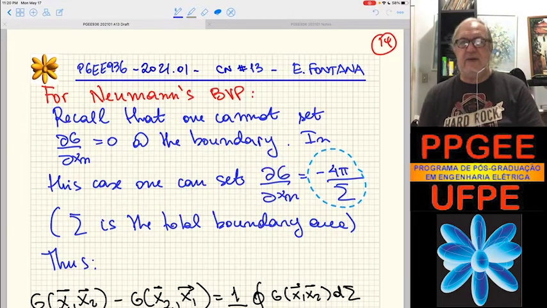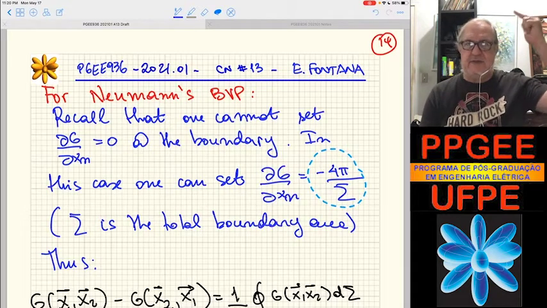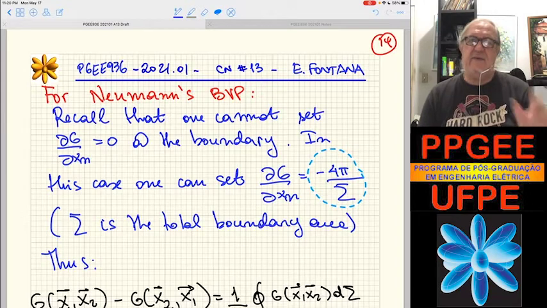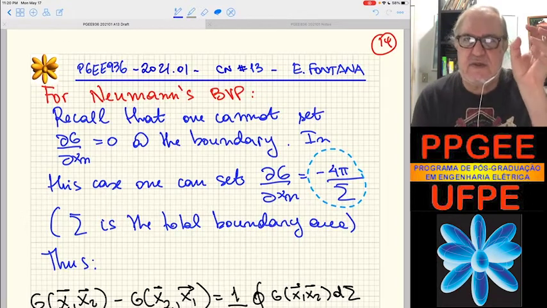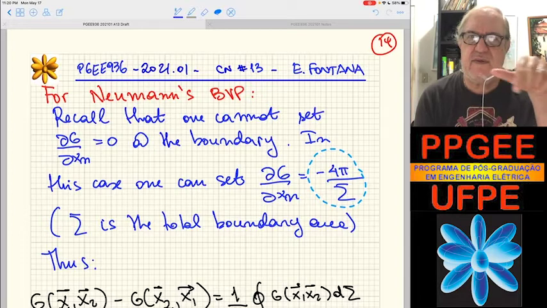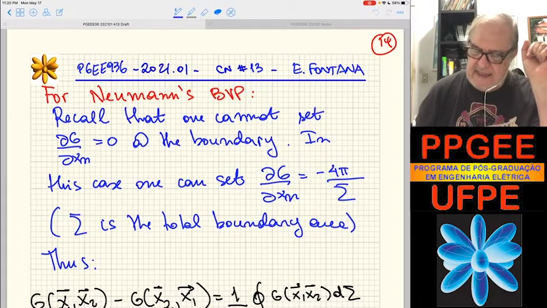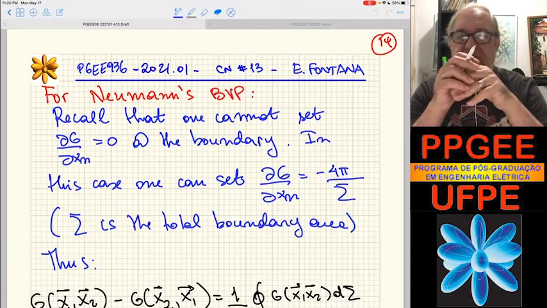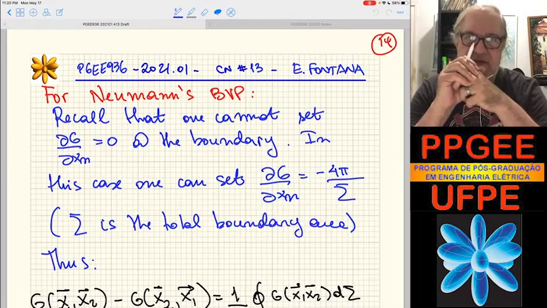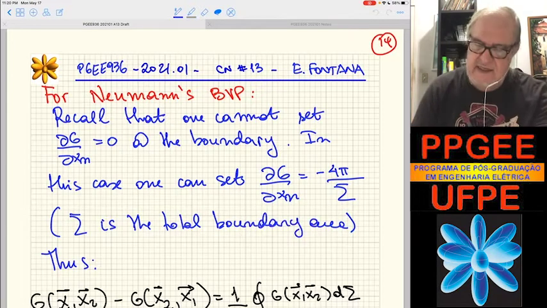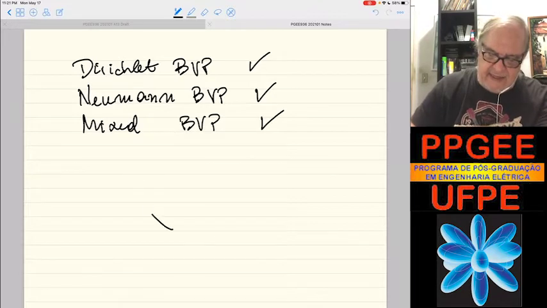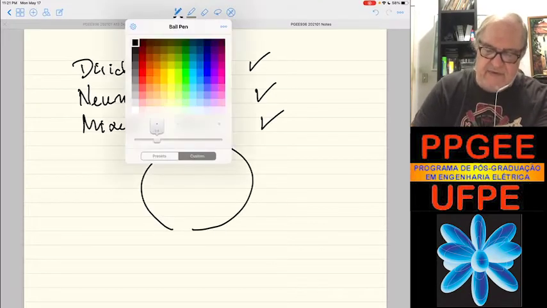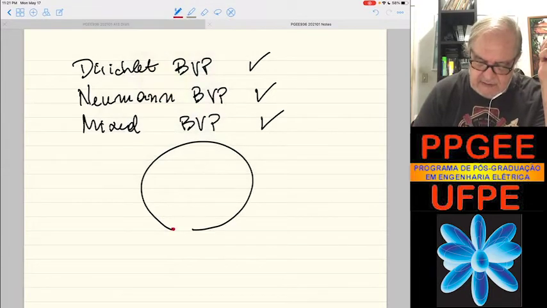And we saw that when we did that, the solution for the potential is going to have an extra term, which is the average value of the potential on the boundary, if we choose that the derivative is constant, which is minus 4 pi divided by the total boundary area, or the total area of the region in which the normal derivative is not 0. For instance, I can have a boundary like this, and a portion of the boundary, this red one, like this.